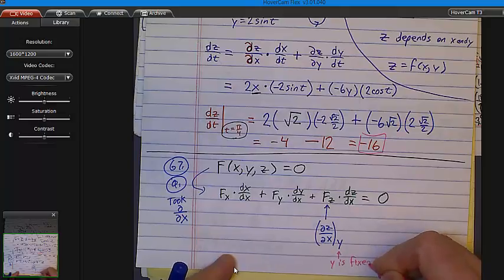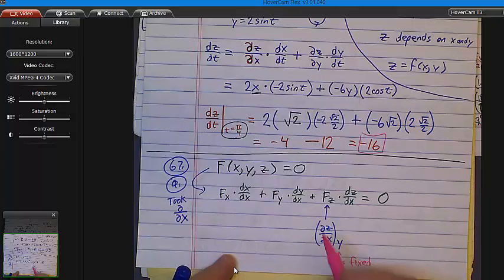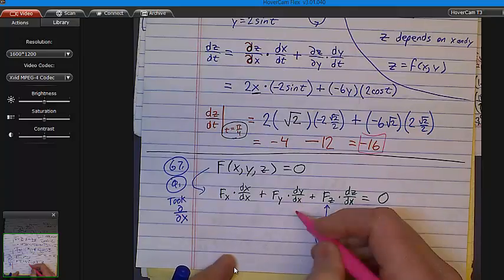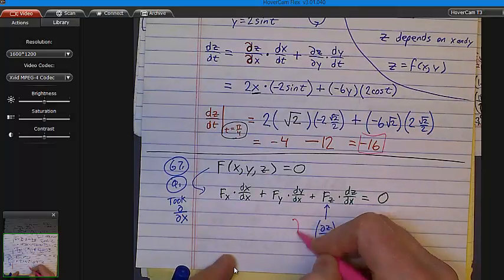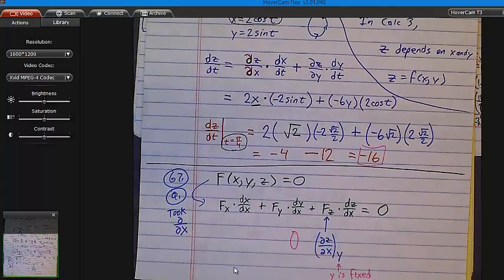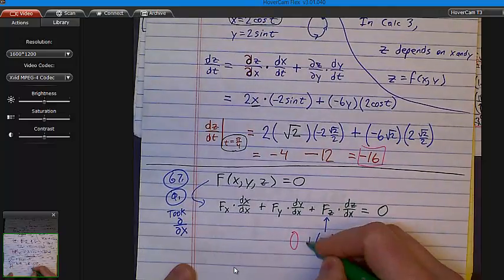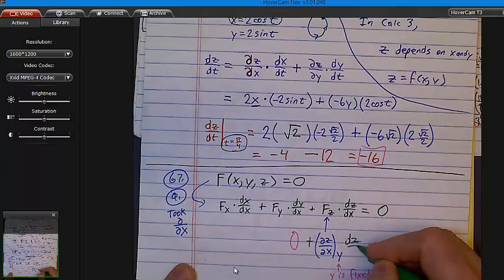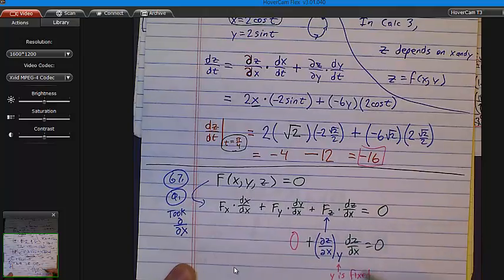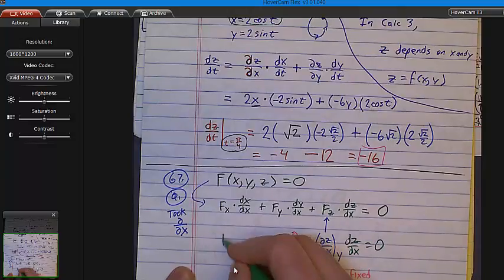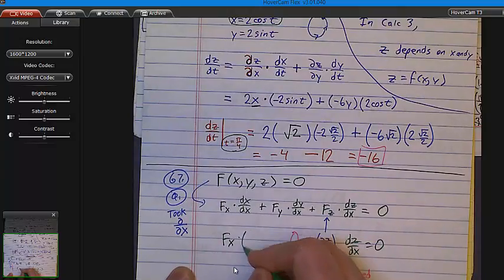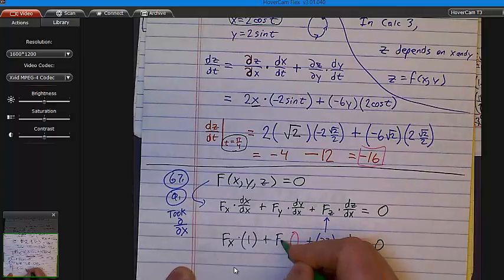Now, if y is fixed, that actually implies something. It implies that dy dx is 0. Okay, let me fill in everything else. So everything else, actually there is one more thing I know. Dx dx is still 1, like it was in the Calc 1 problem.